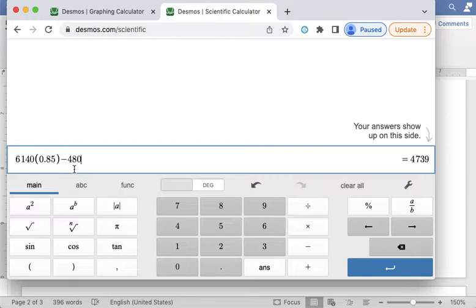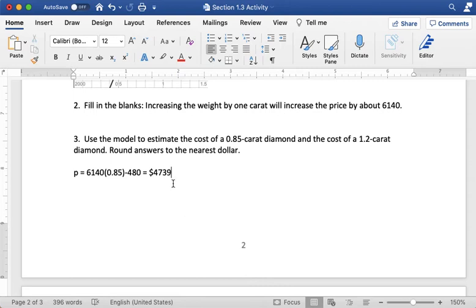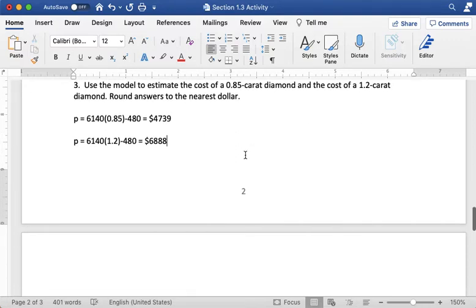Now, if I want to find 1.2 carats, it's very easy. All I do is click in here. I can change this to 1.2, and I get my next value, 6,888. So I can also do this in Word to show my different equations, copy and paste, and just change that to a 1.2. And this was $6,888. Round to the nearest dollar.